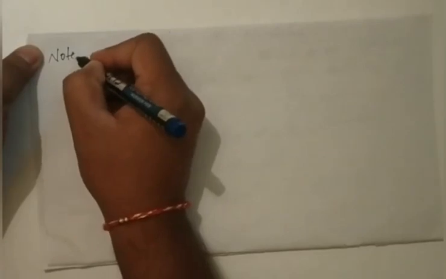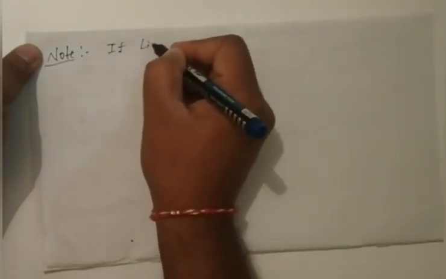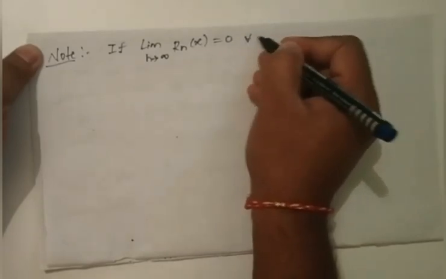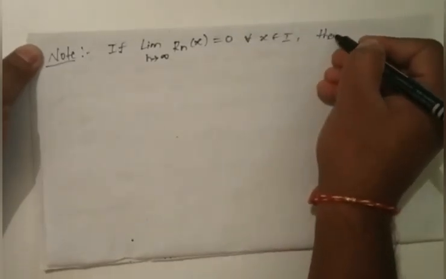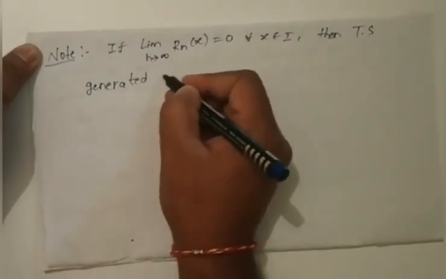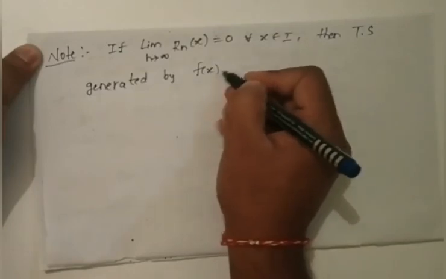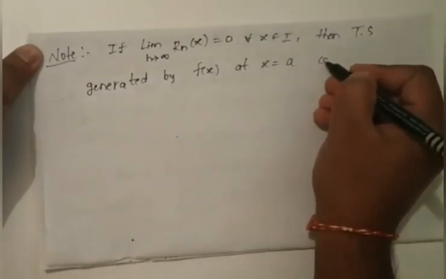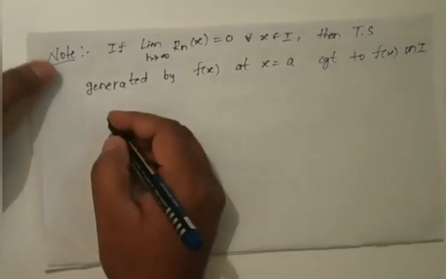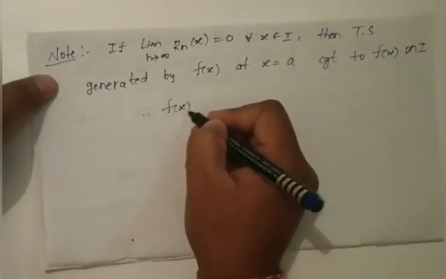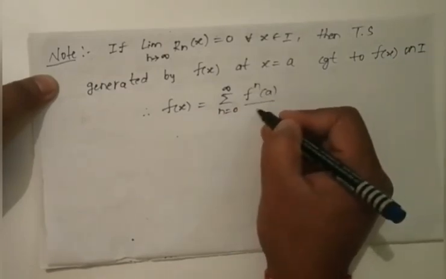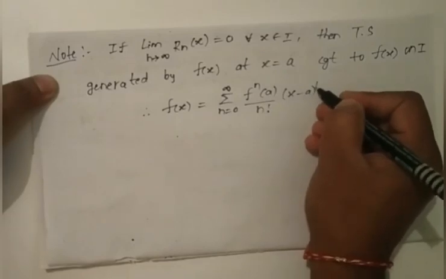If the limit as n tends to infinity of Rn of x is equal to 0 for all x belonging to I, then the Taylor series generated by f of x at x equals a converges to f of x on I. Therefore, f of x is equal to summation n equals 0 to infinity f power n of a by n factorial into x minus a whole power n.